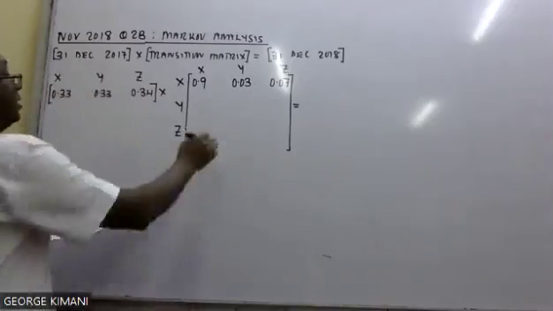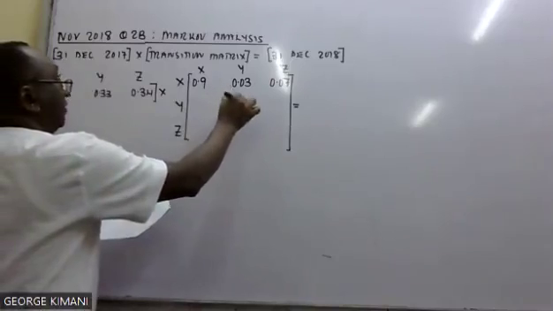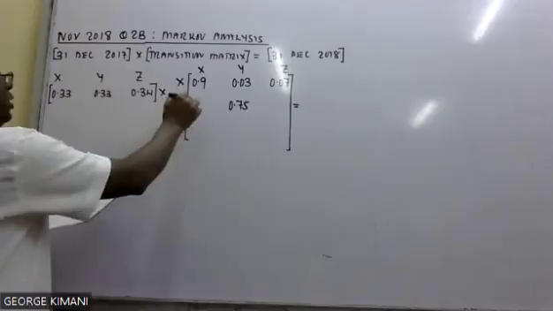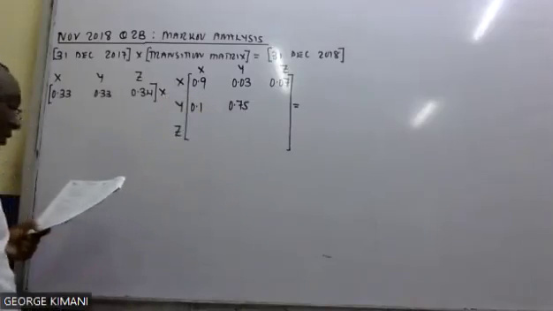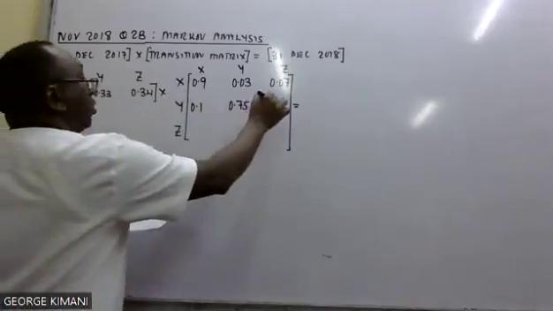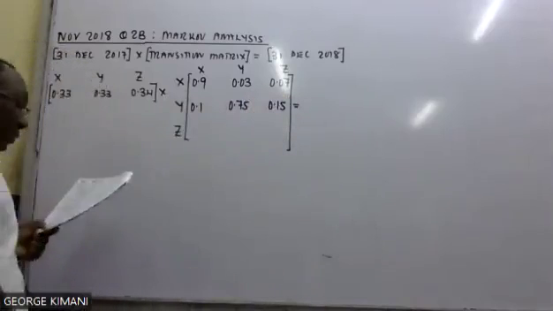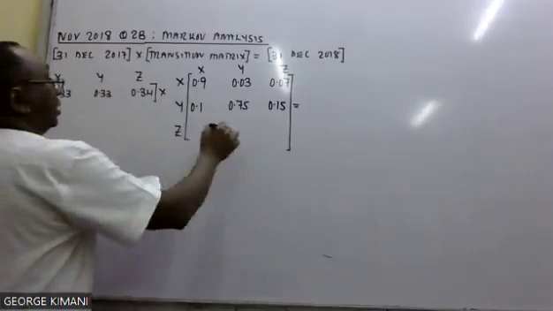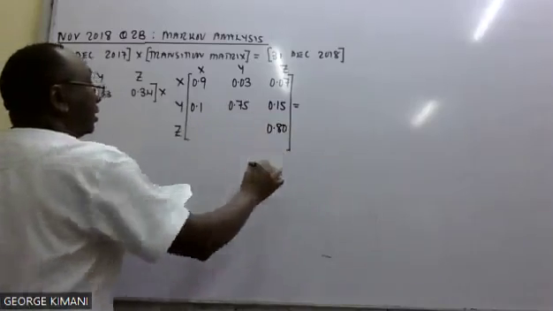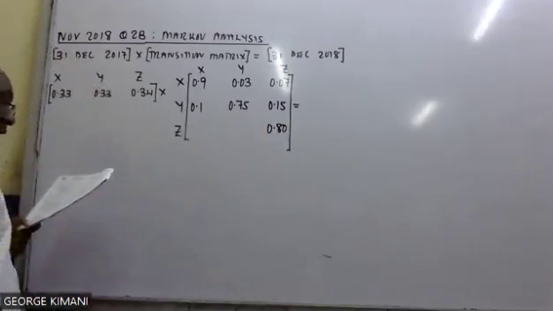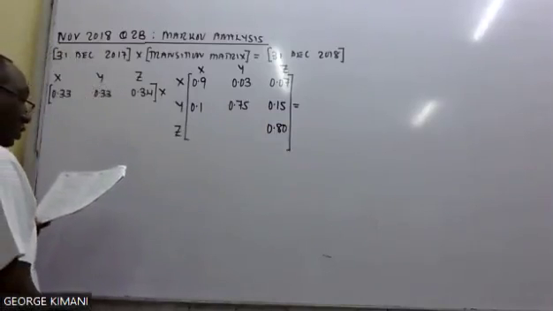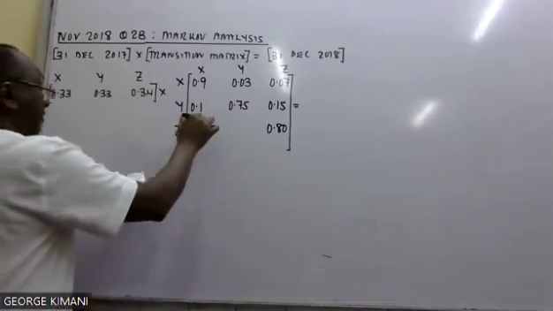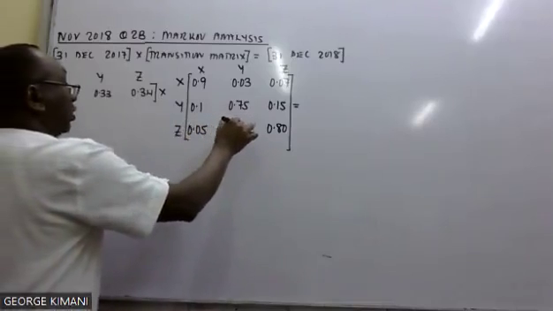Y had retained 75, so 0.75, and 0.1 to X and 0.15. Then Z had retained 0.8, and then this one, it lost 5 to X, 0.05 and 0.15.